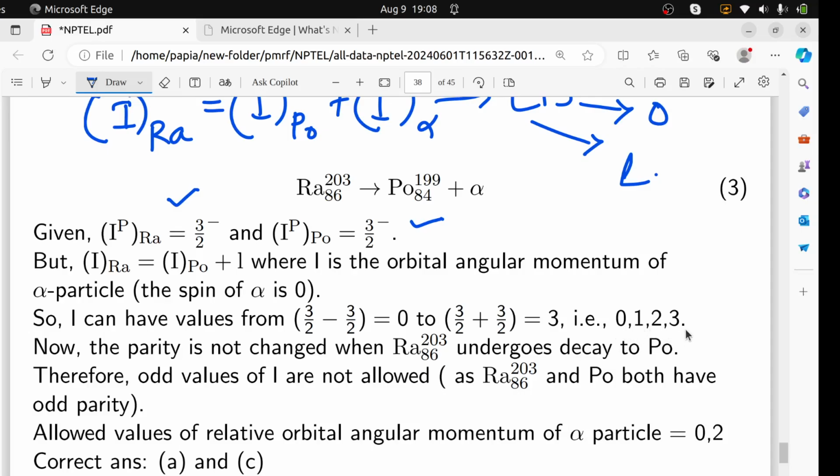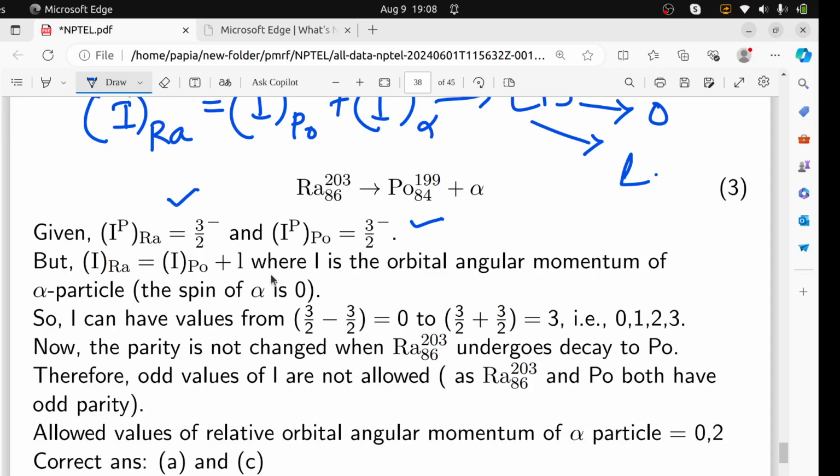These 4 terms can be there for the alpha particle because it's not a simple mathematical addition or subtraction, it's a quantum mechanical addition or subtraction. So that will give the value from 0 to 3. 0, 1, 2, 3. Any of these values of L are possible for the alpha particle.